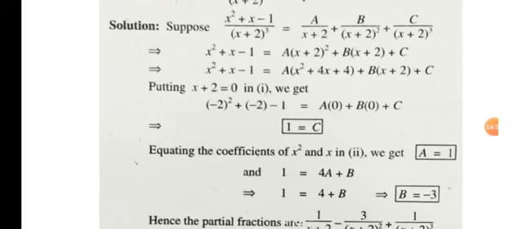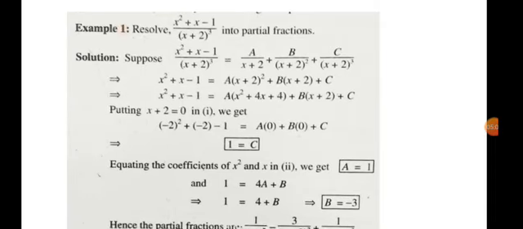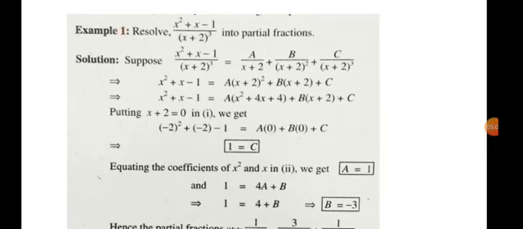Now students, the first value will be obtained by putting a linear factor equal to 0. And remember students, in this question we have only one linear factor, that is x plus 2. So x plus 2 is equal to 0, which means the value of x is equal to minus 2.